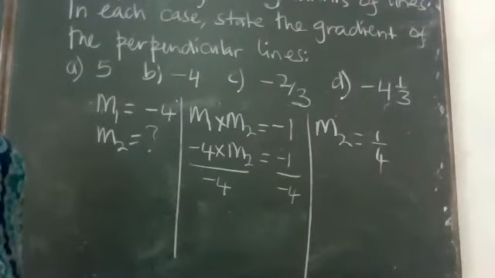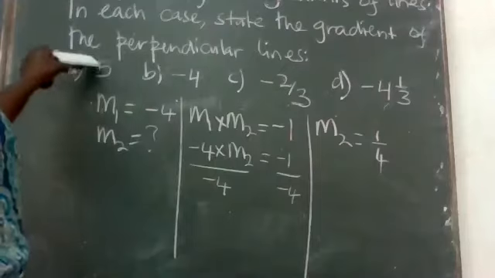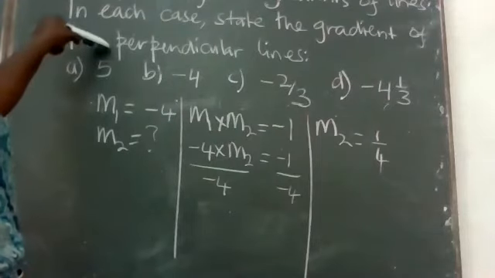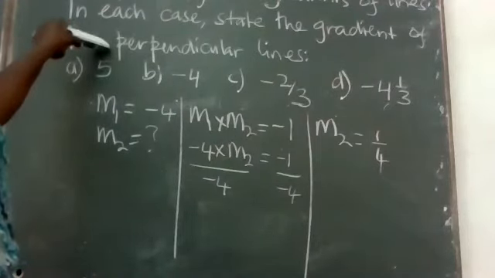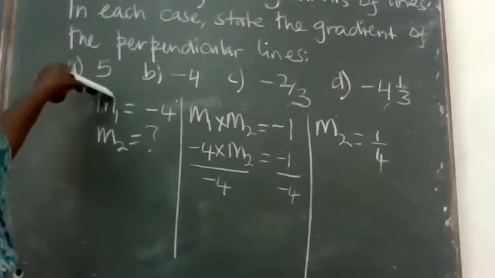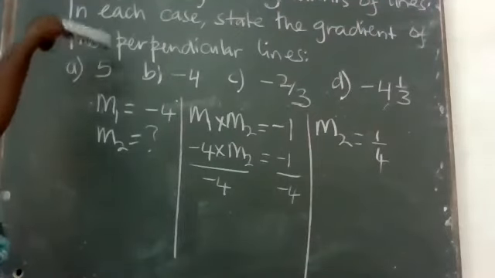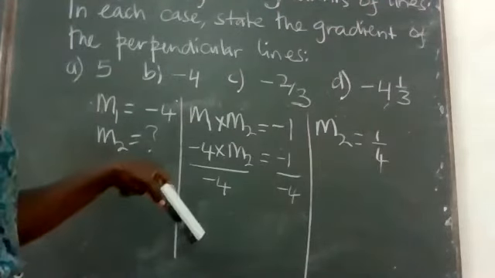So is that line perpendicular? When you get this answer, does it confirm that it's perpendicular or not? These are perpendicular lines. So we are finding the gradient. Already we have the gradient of one line, so we want to find the gradient of the second line.